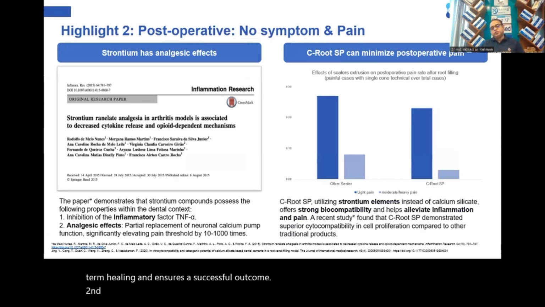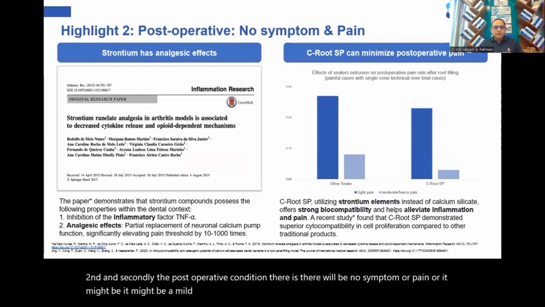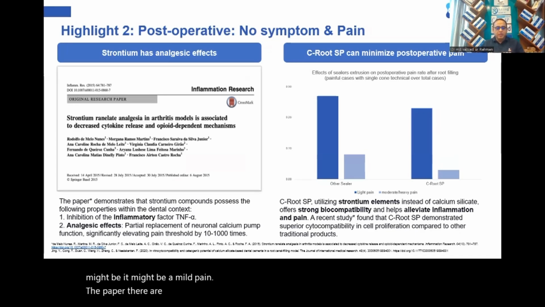Secondly, the post-operative condition: there will be no symptom or pain, or it might be a mild pain. There are papers about that. If you want, I or the Root company can provide you the papers.